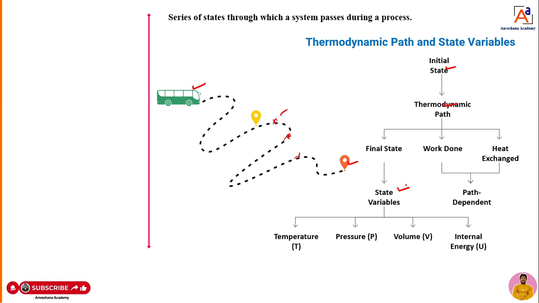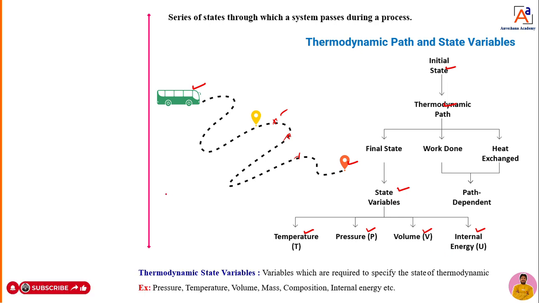They may be temperature, pressure, volume, or internal energy. Thermodynamic state variables are nothing but those which give the specific condition of the thermodynamic system.